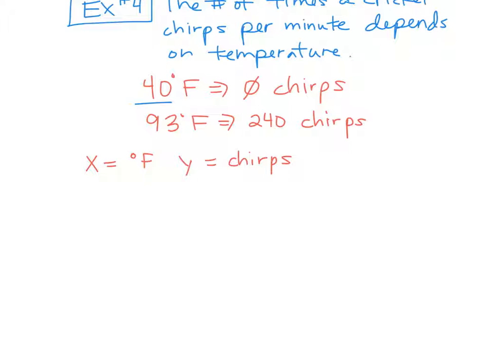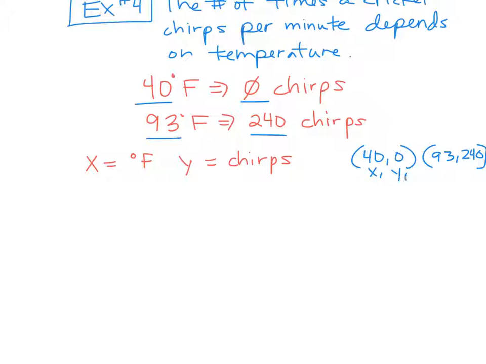You have an X and a Y and an X and a Y. So you can think of it as these 2 points, 40, 0, and 93, 240. Now it's not so bad to write the equation, right? What do you have to find first? Slope. Okay, so we're going to use those 2 points to find the slope.